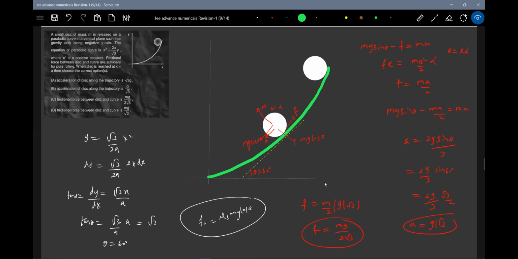So I may ask the same question by giving mu s, then releasing it, and asking you to find the angle made by the tangent with the track where slipping will start or rolling will cease. There are different ways of asking such questions.